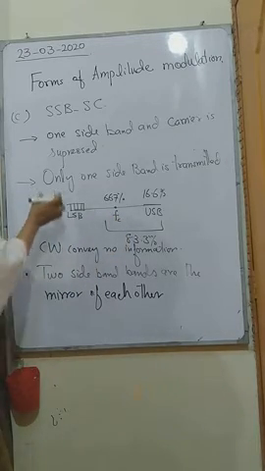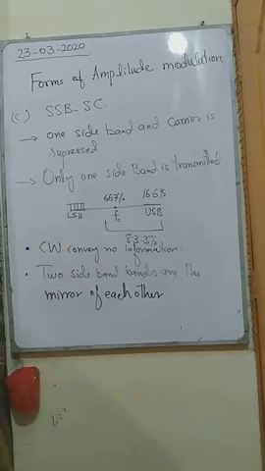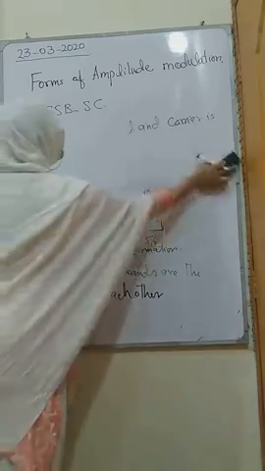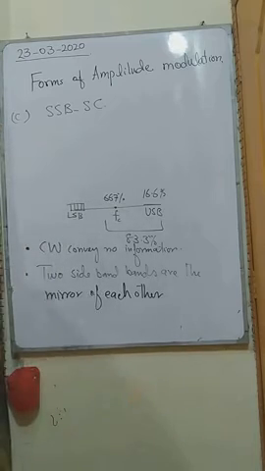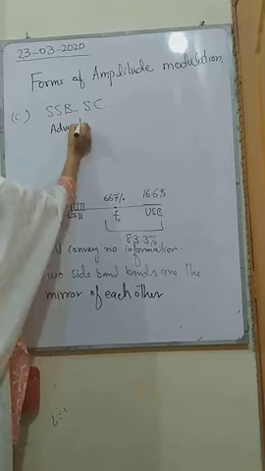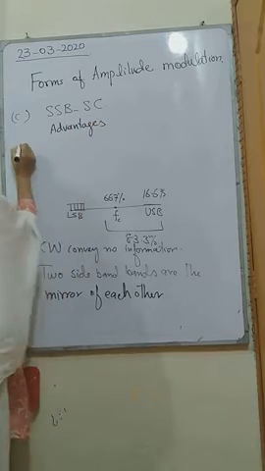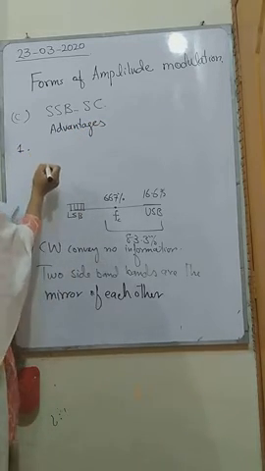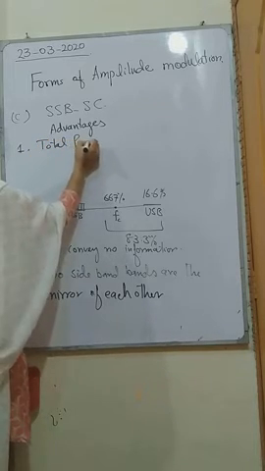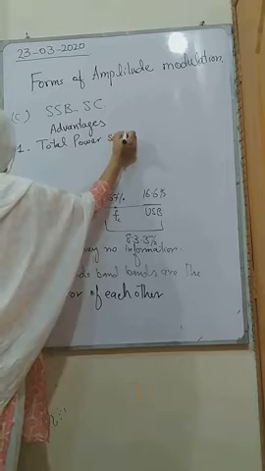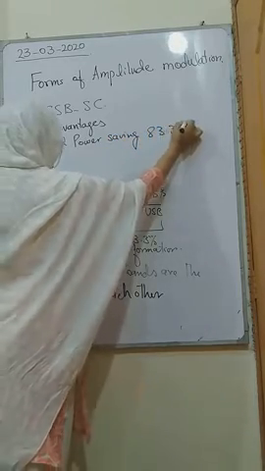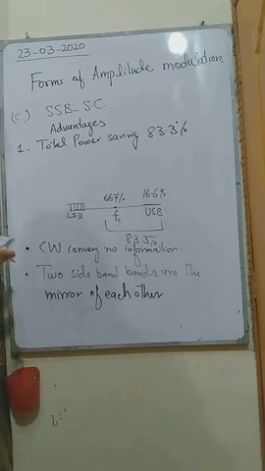So what are the advantages of eliminating these two components? Number one, total power saving, that is 83.3% of the total transmission.